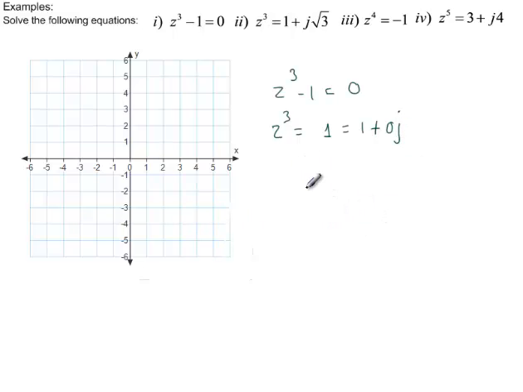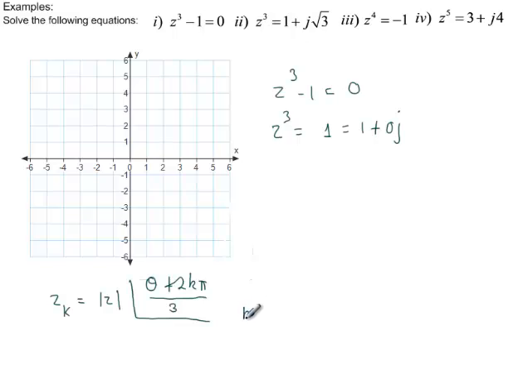Now to get the three roots of 1, we need this formula. We need the modulus of 1. In this case, I'm just going to say modulus of z. And then we need the argument of 1 plus 2k pi, that will be divided by 3.